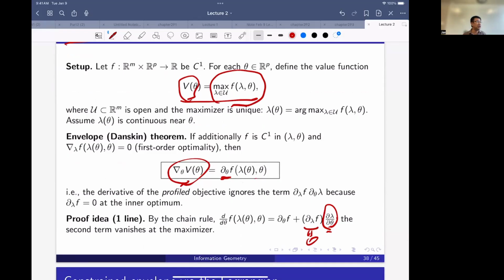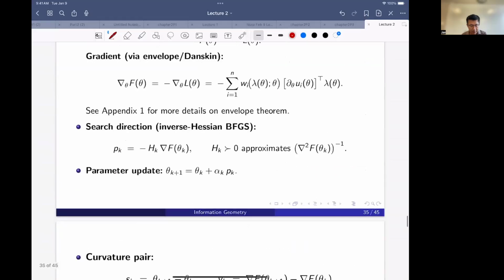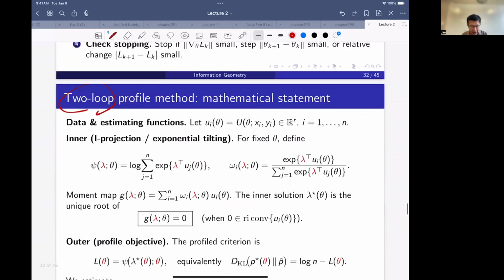So this will be zero, and you don't have to worry about it.